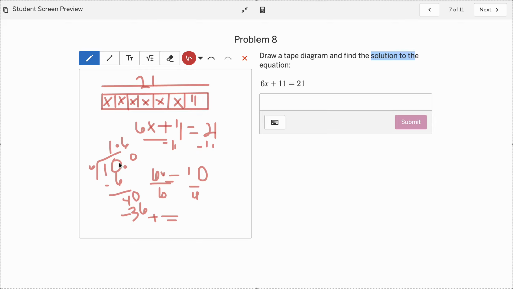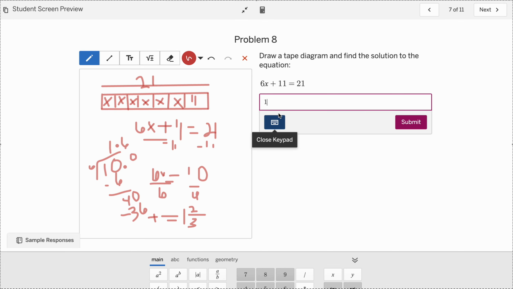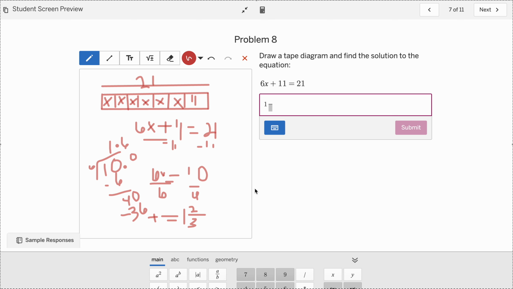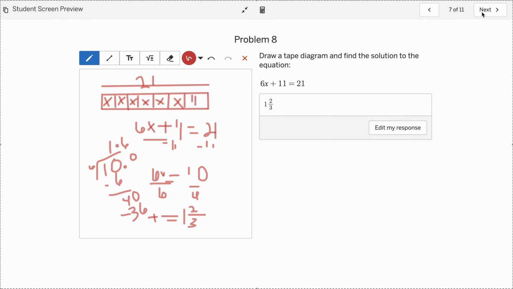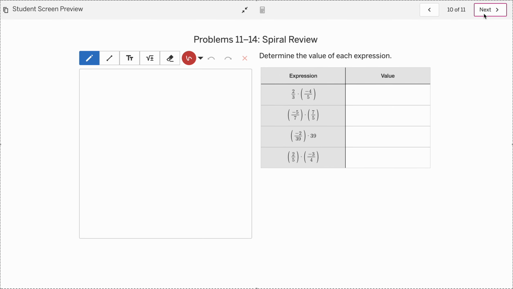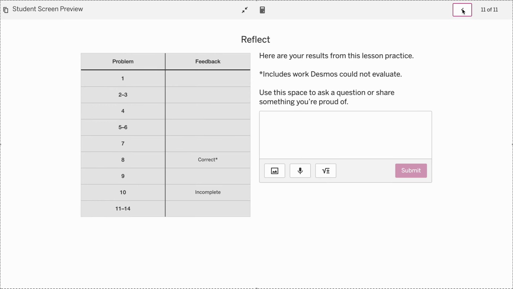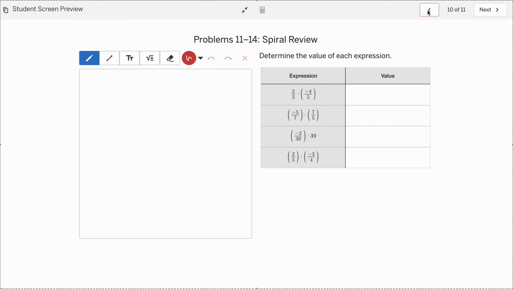So this is going to be repeating, so it's going to be 1 and 2/3, because I know that 0.66 repeating is 2/3. So my solution for x is 1, and I'm going to do a fraction here, 2/3. Oops. I see how that wants me to do it. Like that. Okay? And let's just go back and check just in case. So now 8 should say it's correct.